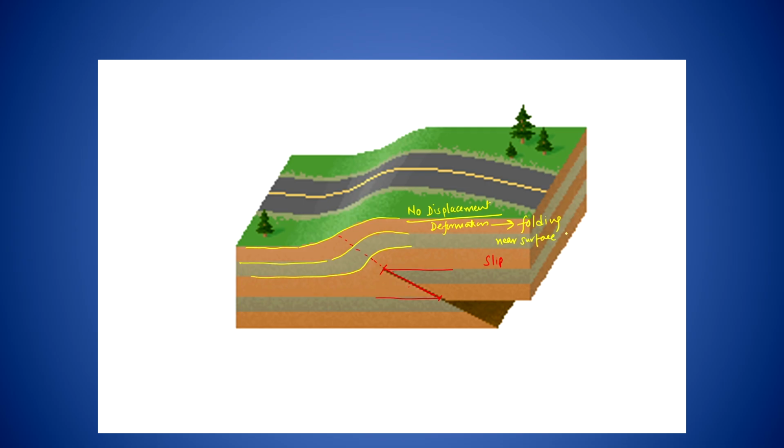Such type of deformation, though it is in the compressional tectonics, we say this as a blind fault or blind thrust, because these layers, the top layers, are not deformed. No displacement. Deformation is there, sorry, but no displacement has been seen at the surface. Hence we call this a blind thrust.